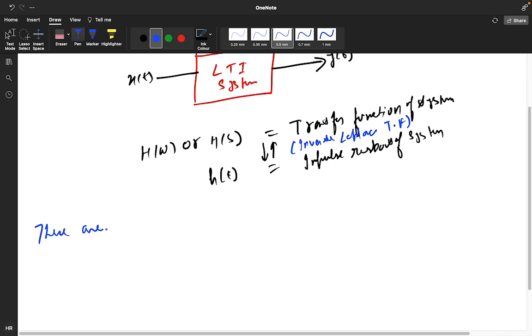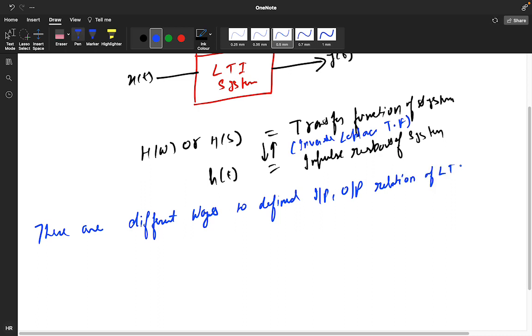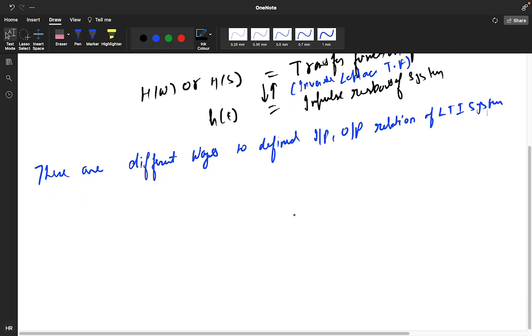There are different ways to define input and output relation of LTI system.